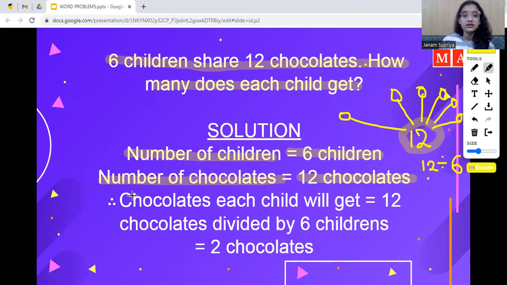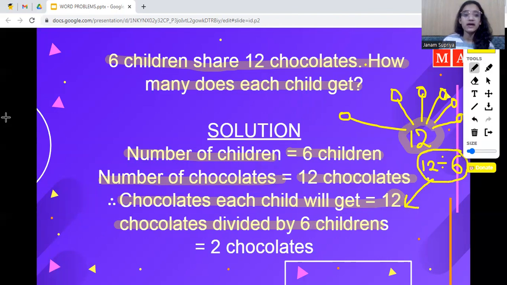So chocolates each child will get is equal to 12 chocolates divided by 6. This is what is written in words, and in a numeric way we can write it in this form. It's the same.